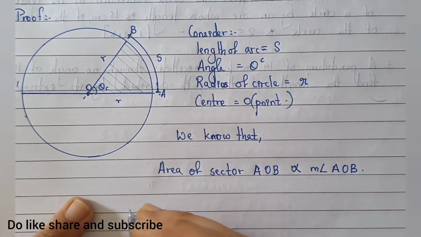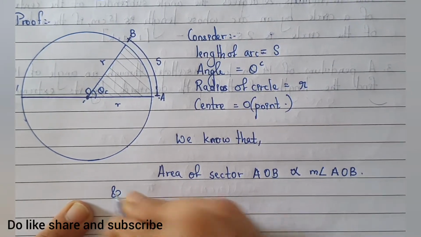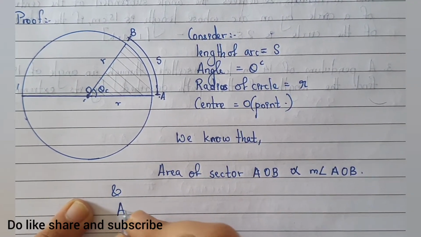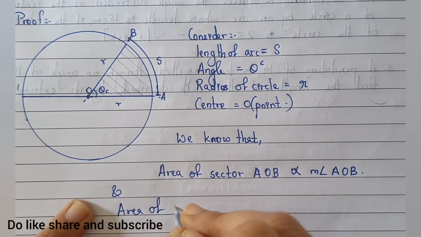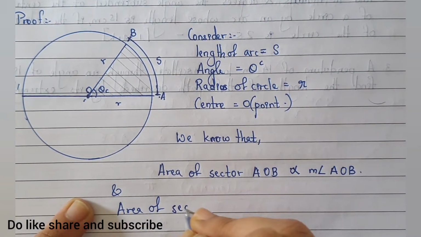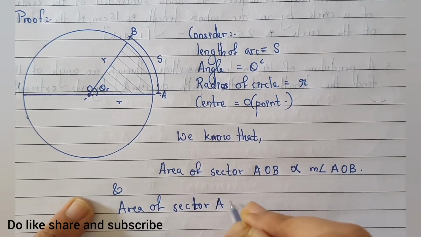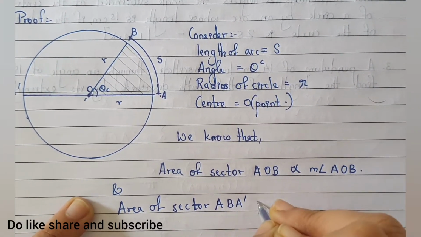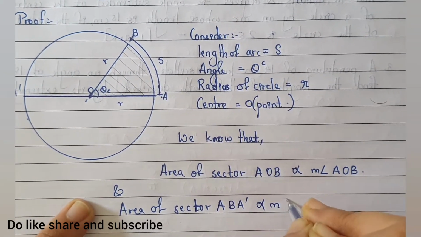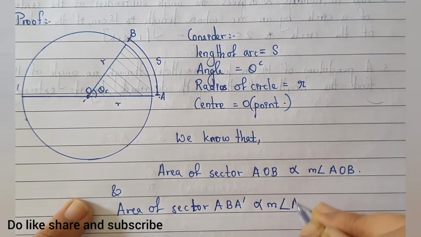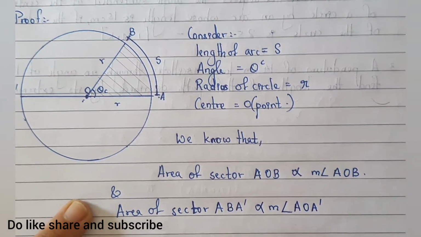Now we have similarly area of sector A dash is proportional to measure of angle A dash.